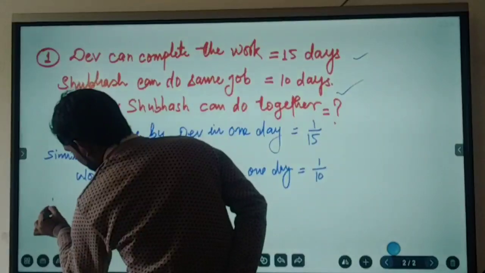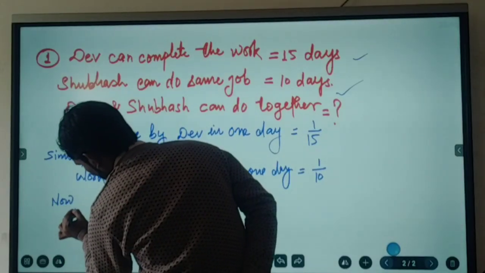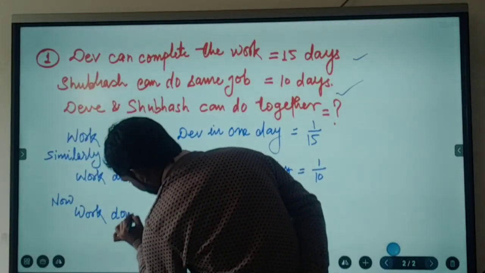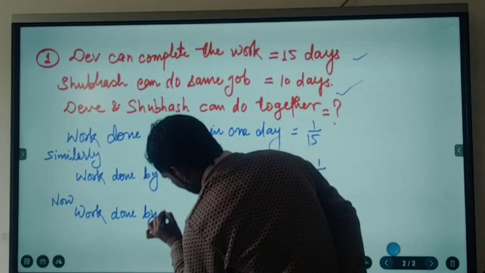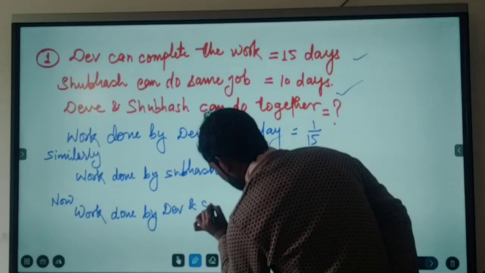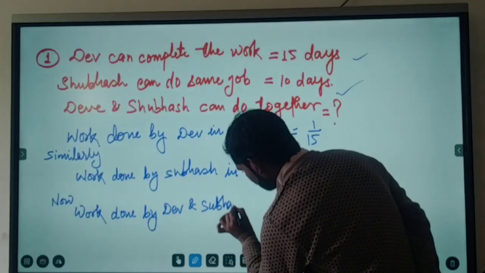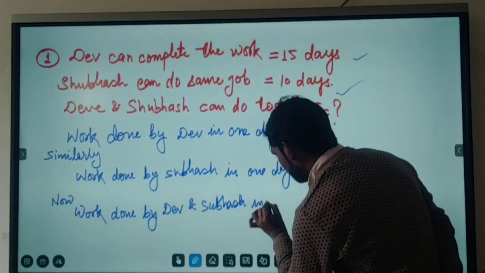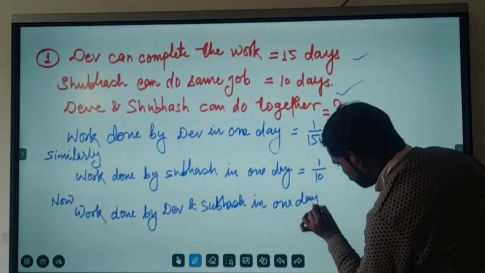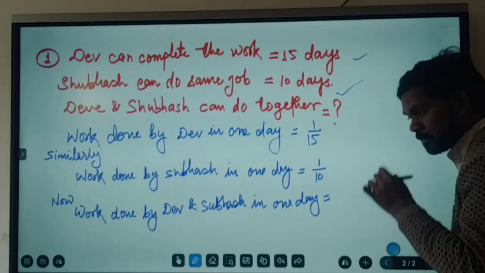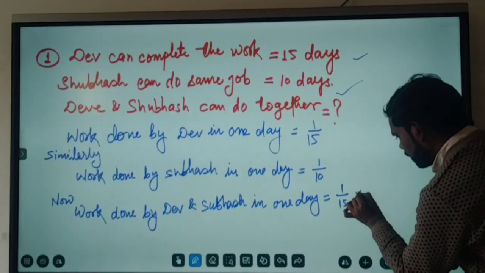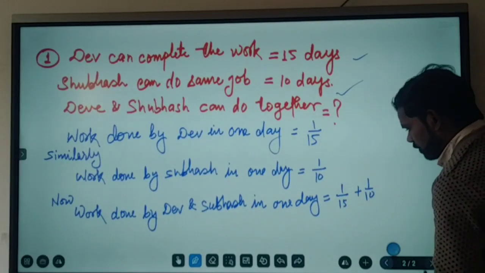Here, work done by Dev and Subhas in one day will equal the sum of these two fractions, which is 1 upon 15 plus 1 upon 10.